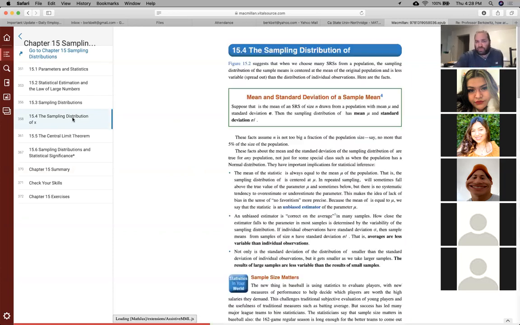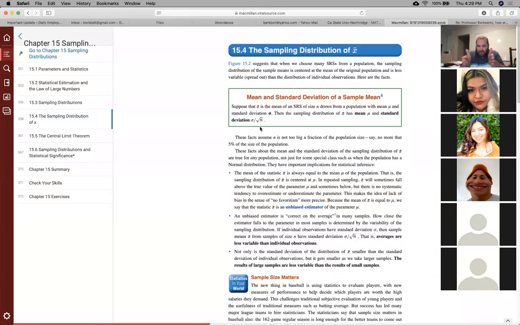But there's one difference though. If the original population distribution has mean mu and deviation sigma, the sample distribution has the same mean. Its center is going to be in the same location, but the standard deviation gets smaller.